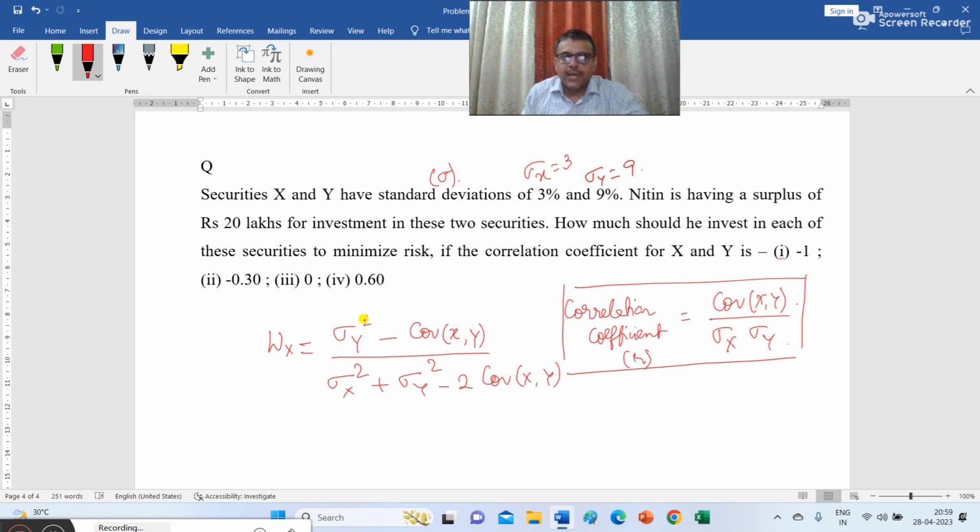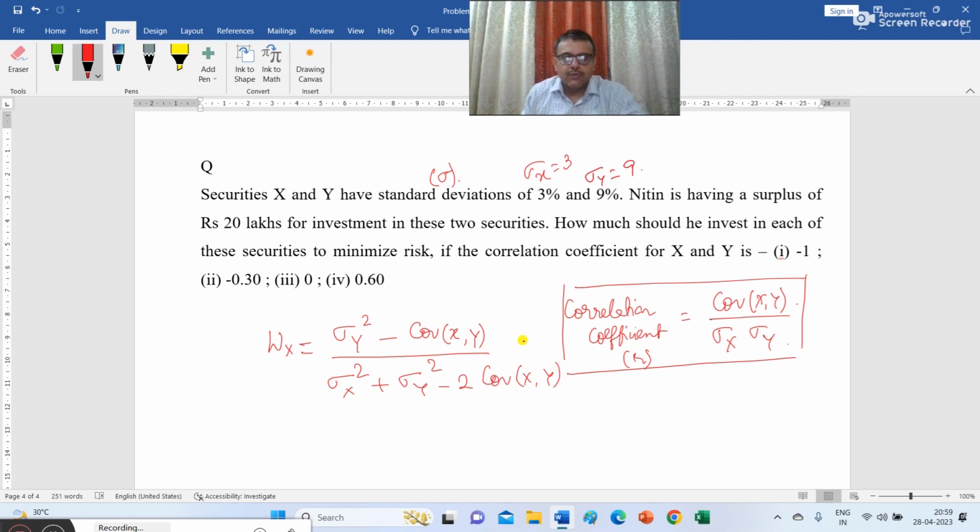Because sigma Y square is constant in all four cases, and sigma X square is also constant in all four cases, you need to calculate the value of cov XY for four situations.